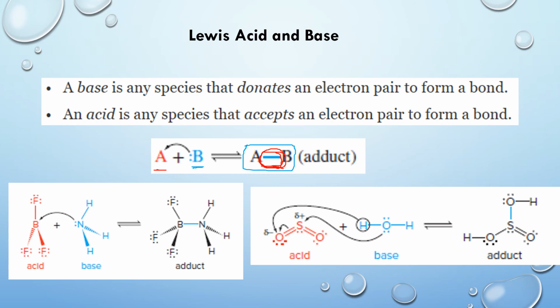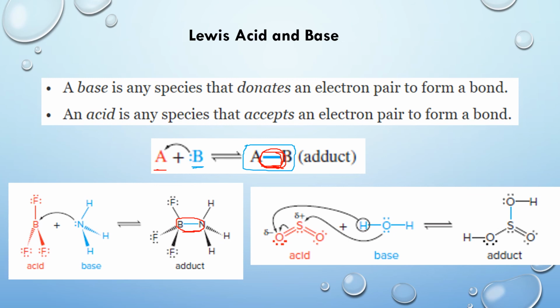So when it meets another molecule that has a lone pair of electrons, for example ammonia, this electron deficient boron desires to get the lone pair from the nitrogen. So they will form this boron nitrogen bond. After they form this bond, both boron and nitrogen are obeying the octet rule.